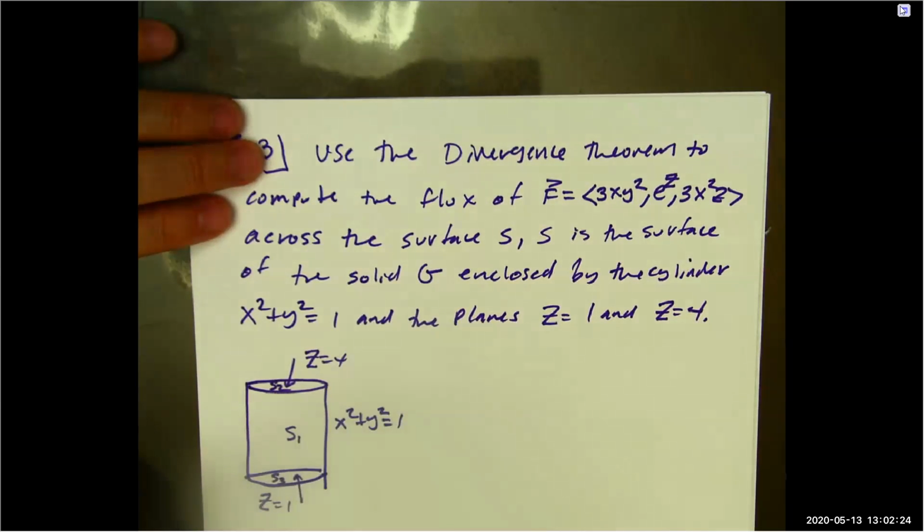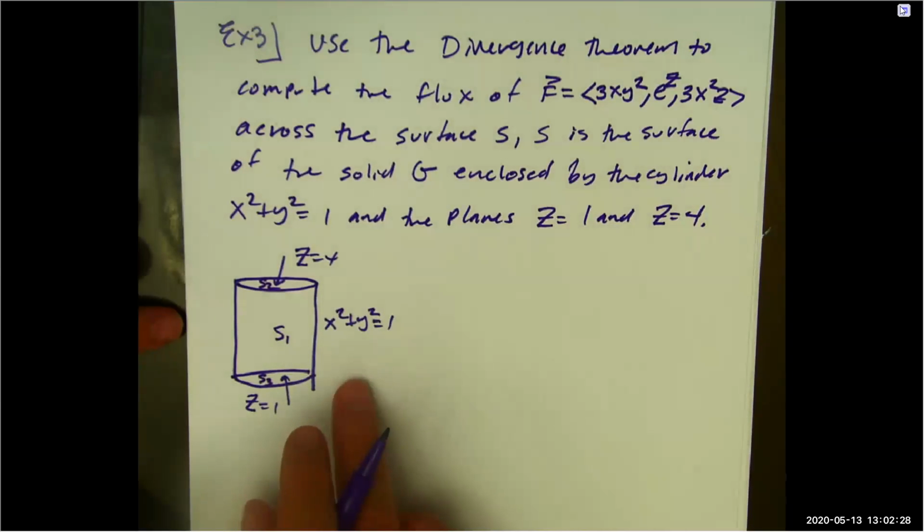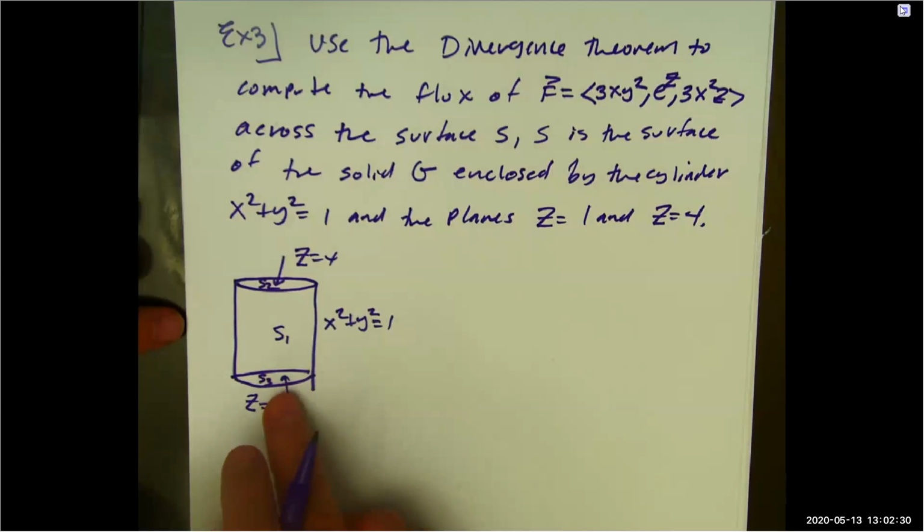And so if we had to do this normally, without the divergence theorem, we would have to calculate 3 separate surface integrals. But with the divergence theorem, we only have to calculate 1 triple integral.